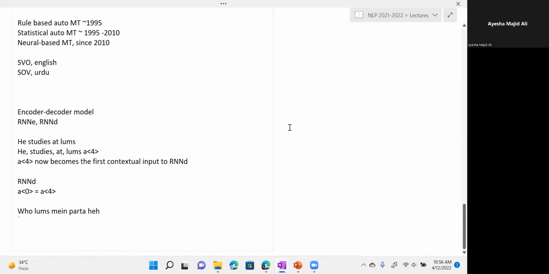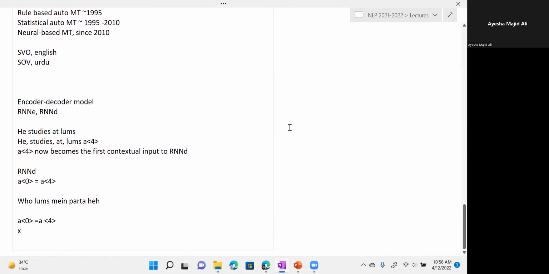अब जो इस RNN-D को जाएगा, A0 जाएगा, of course, which is of course A4, and then we have x1. This would be the embedding for wo. ठीक है? And this should actually be x naught, because we are doing generation here. ठीक है?